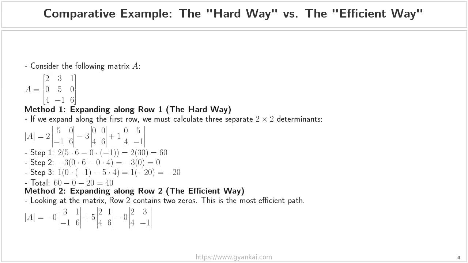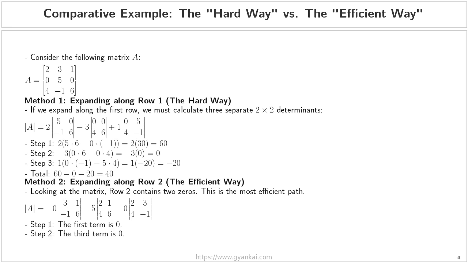Now let's look at method 2, the efficient way. If we apply the golden rule from our second slide and scan the matrix, we'll notice that the second row contains 2 zeros. This is our expressway. When we expand along the second row, our calculation looks like this. -0 times the determinant of the minor containing 3, 1, -1, and 6, plus 5 times the determinant of the minor containing 2, 1, 4, and 6, minus 0 times the determinant of the minor containing 2, 3, 4, and -1.